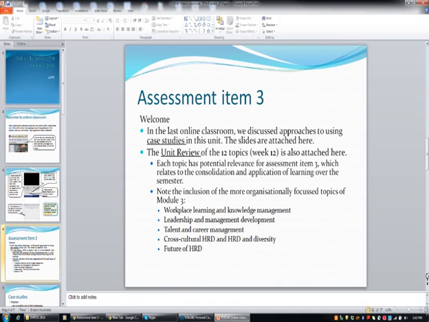Those topics are workplace learning and knowledge management, leadership and management development, talent and career management, cross-cultural HRD and HRD and diversity, and the future of HRD. So all of those topics are potentially relevant.